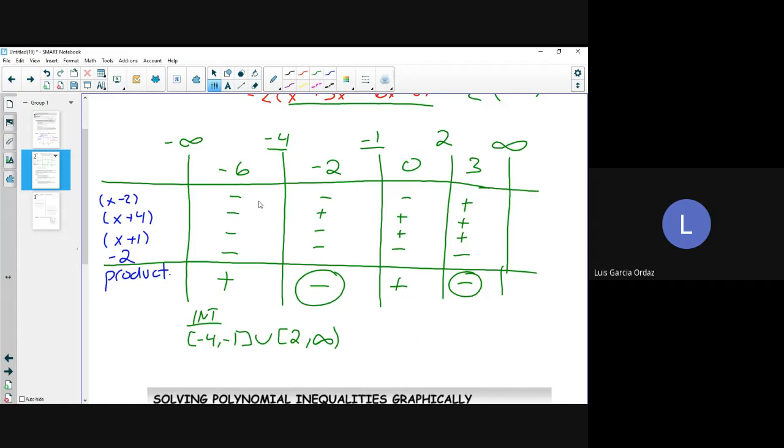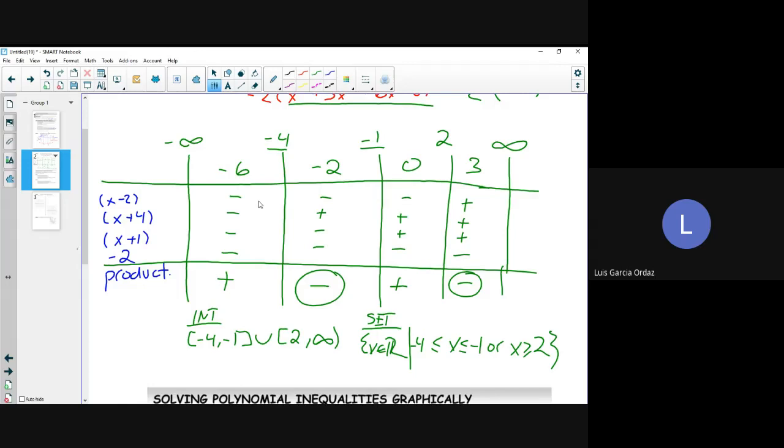And if we were to do it in set notation, which Adam already started, so he said x in R such that, what are our conditions? x greater than or equal to -4, less than or equal to -1, or greater than or equal to 2. Perfect. So that's what our set notation would look like.